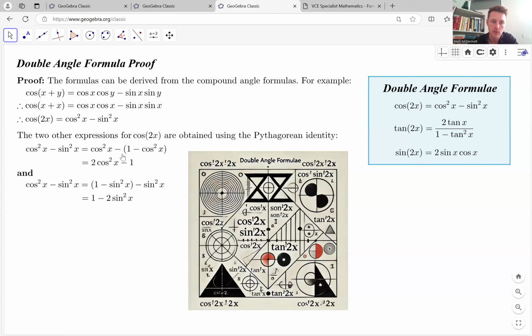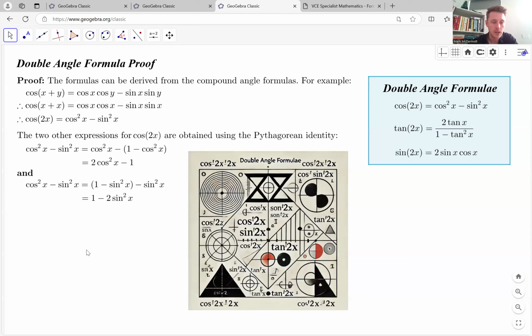So sine squared x gets replaced with 1 minus cos squared x, and then you've got two groups of cos squared x. Cos squared x minus negative cos squared x is two groups of cos squared x minus 1. So this is another interesting result that pops out of the double angle formula. And just to again state it, cos squared x minus sine squared x equals 2 cos squared x minus 1.